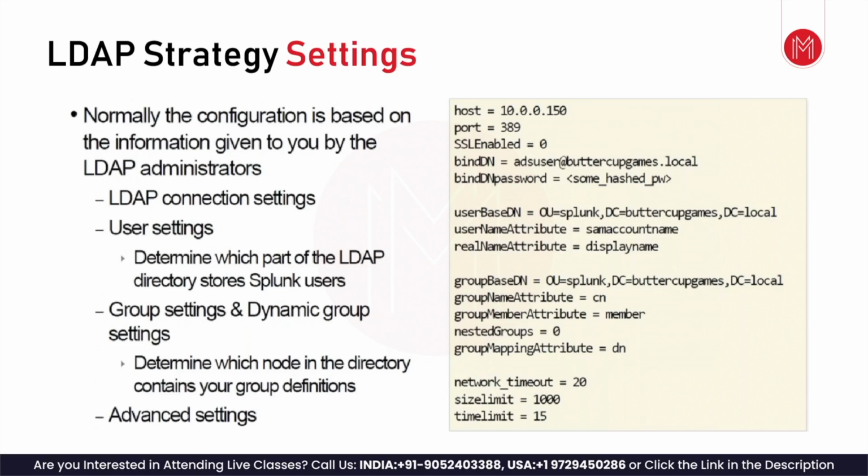You are having different settings which need to be added while creating this LDAP. So you have to make sure you are giving all the information correct, otherwise you will need to contact LDAP administrators. If any of the information goes wrong, your LDAP strategy will not be created as authentication in Splunk.